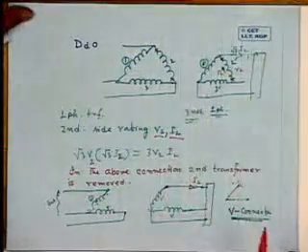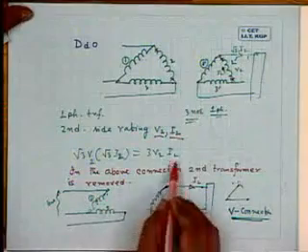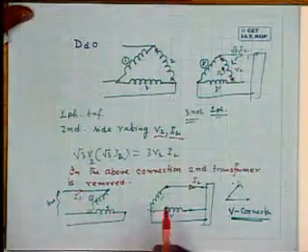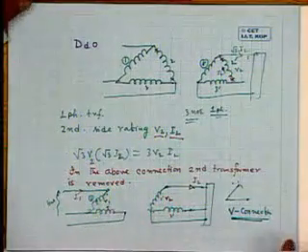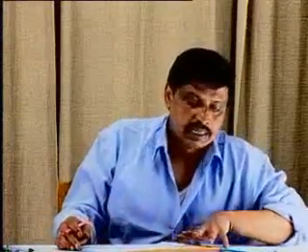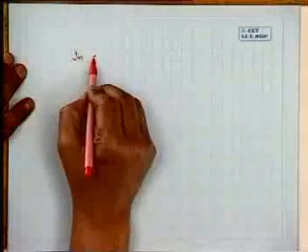You cannot go to root 3 I2 now like the previous case. And if I2 flows, I1 will be there, so I1 will come like that. This voltage is V2. This voltage is V1. So, how much will be the kVA handled by this open delta connected transformers?